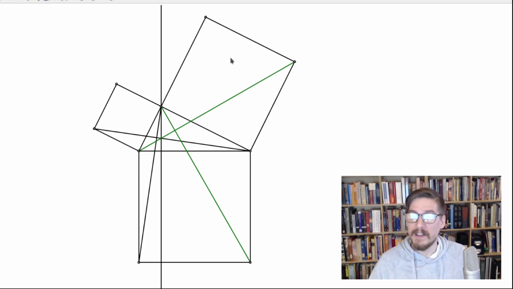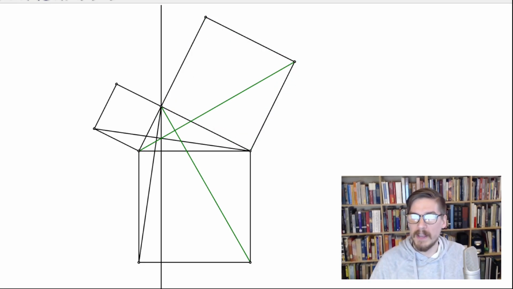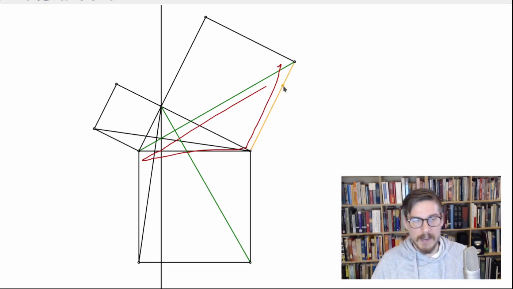We have, as it turns out, a parallelogram here. Parallelogram on the same base, and I'm going to switch colors real fast to make this more visible. Parallelogram on the same base as our triangle, and in the same parallels as the triangle, which means that this parallelogram is twice the area of our triangle.